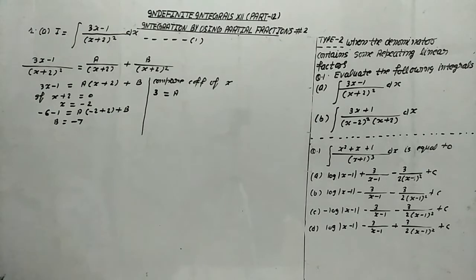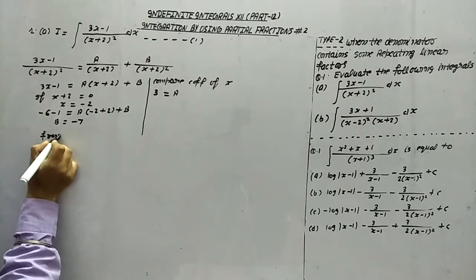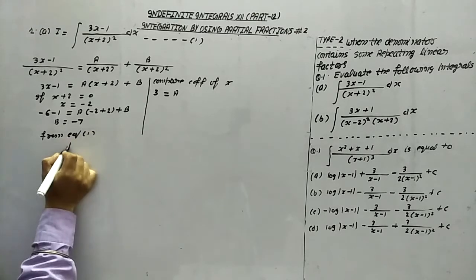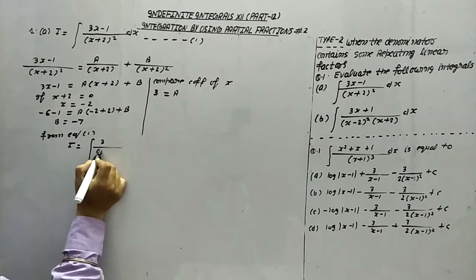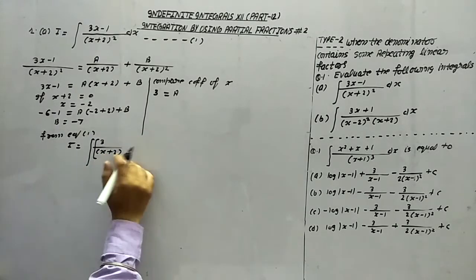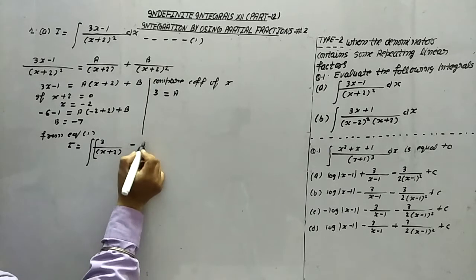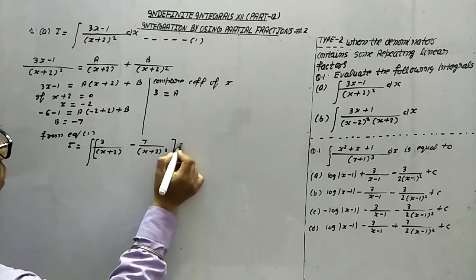It means a is equal to 3. Therefore from equation 1 we get I is equal to the integration of a, which is 3 upon x plus 2, plus, because b is minus 7 upon (x plus 2) whole square, and this is dx.